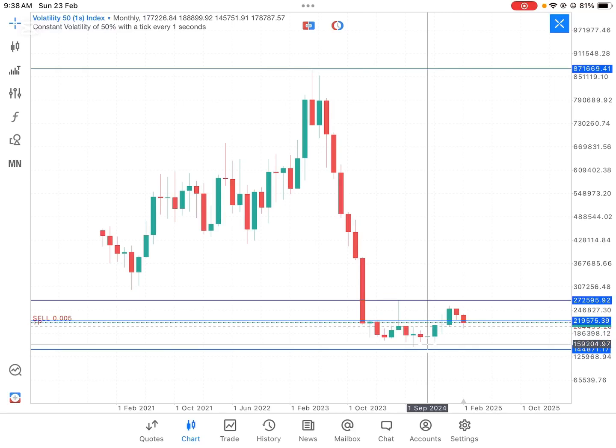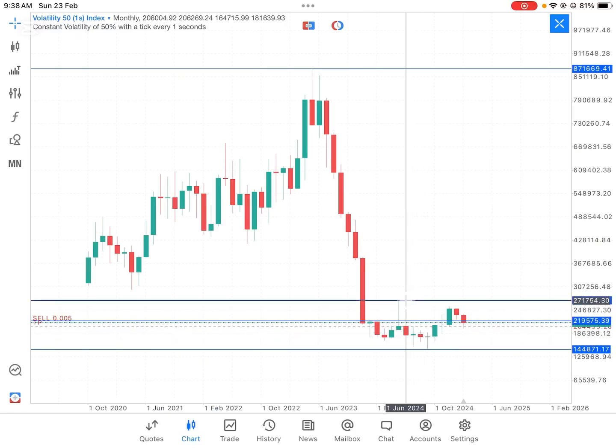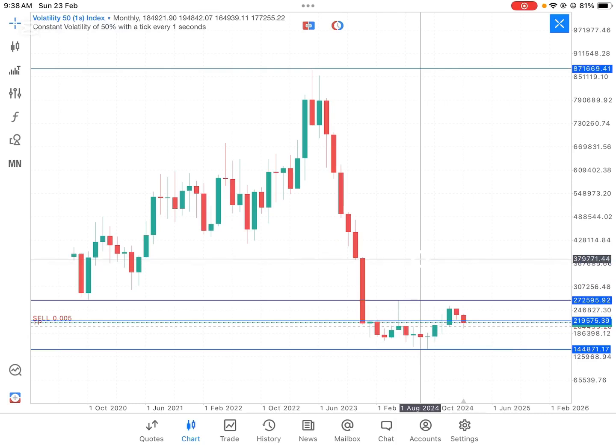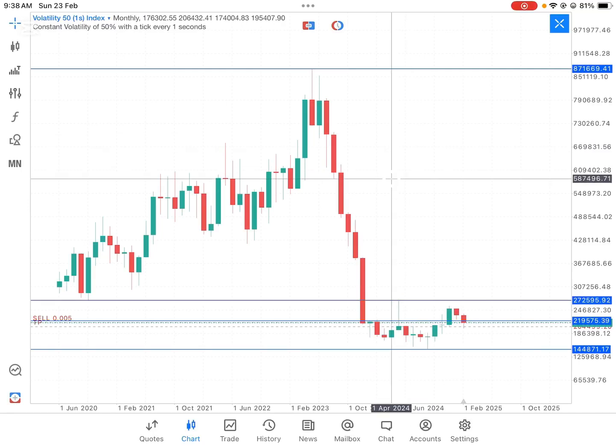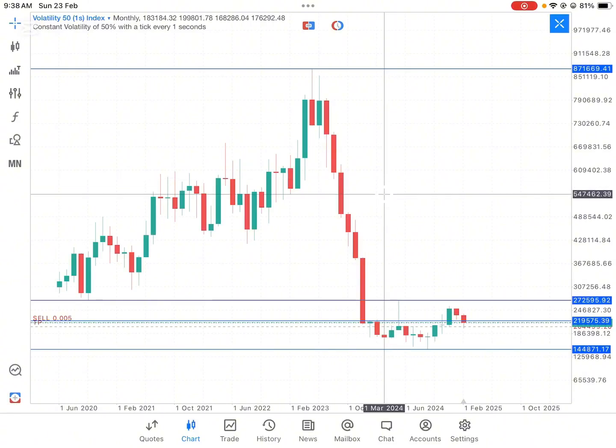That's 272595.92. If price could break this area, this angle, then we could see more buyers pushing up to this upside. Target here, and here. So basically now we are still bearish. We are not bullish yet on this pair.